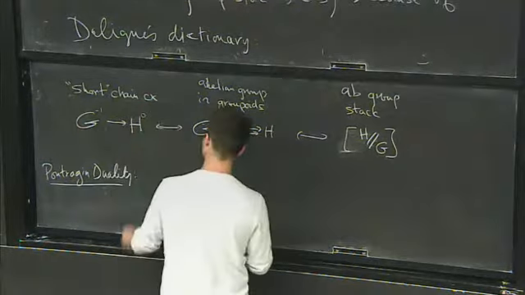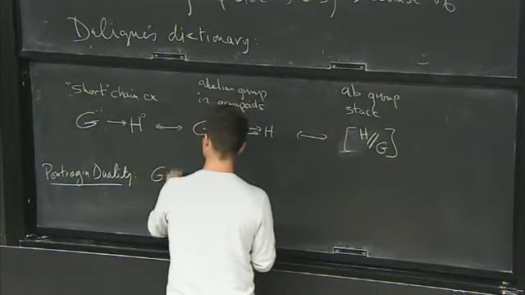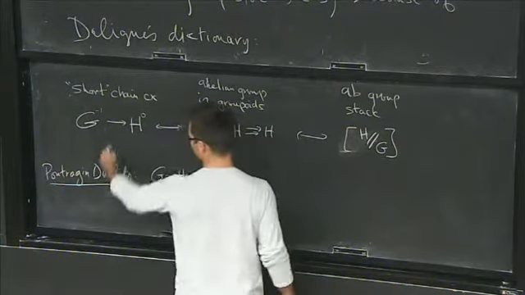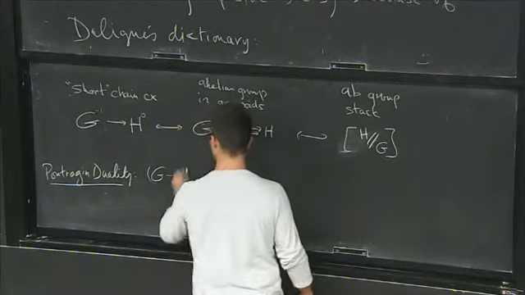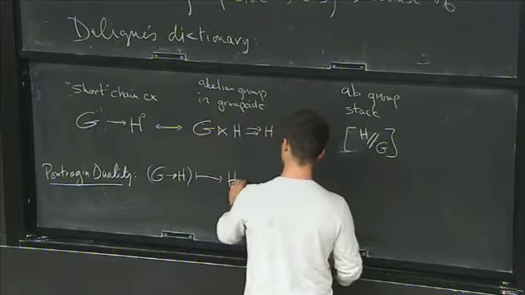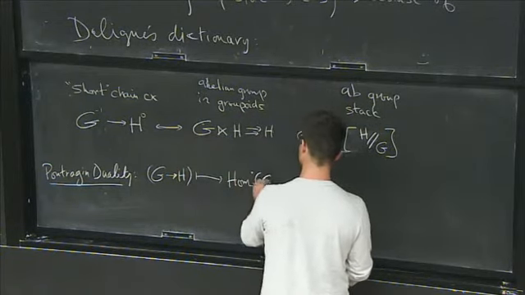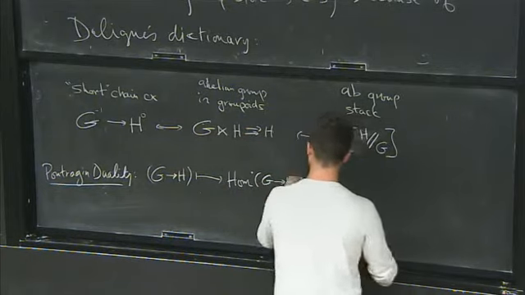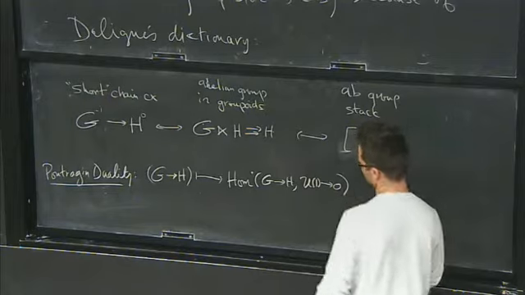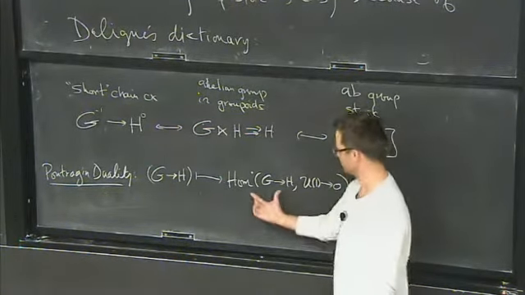It's really simple to define. If you have one of these short chain complexes, I want to define the Pontryagin dual of this, but I'm going to define it here for ease. I just send it to the Pontryagin dual, which is going to be hom of the complex G to H into U1 to 0. So these are chain morphisms.